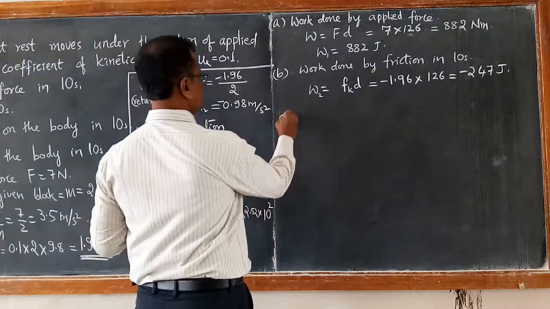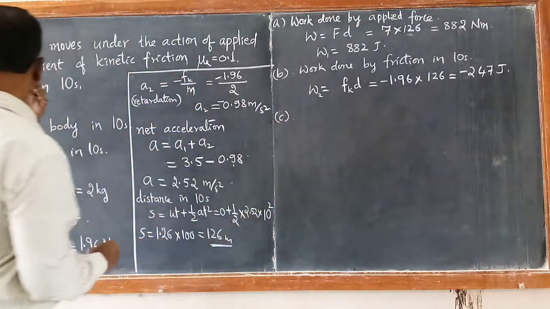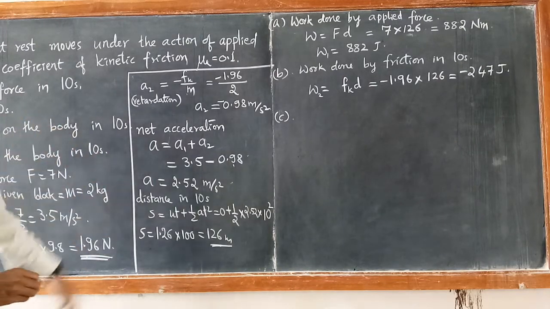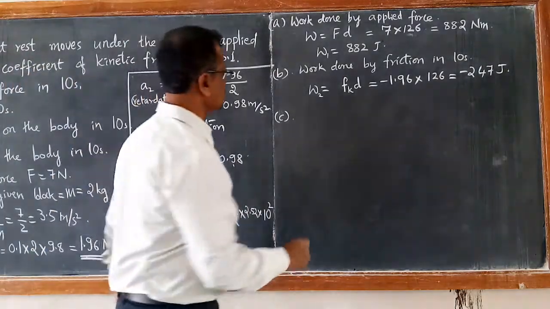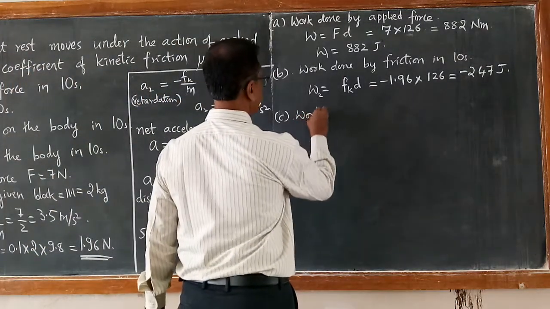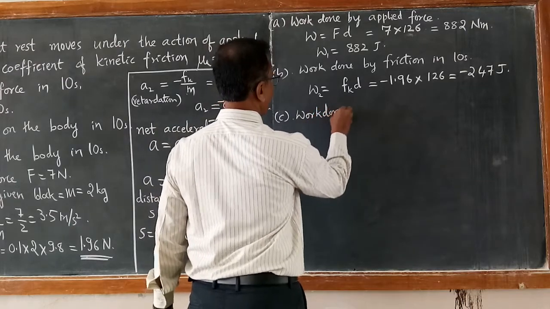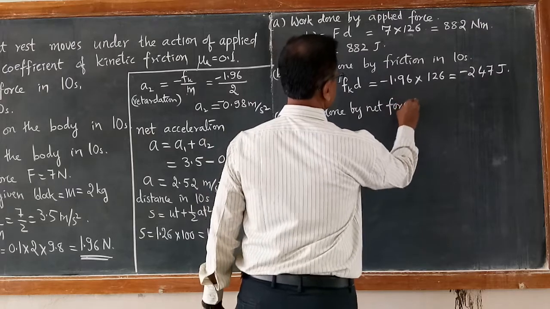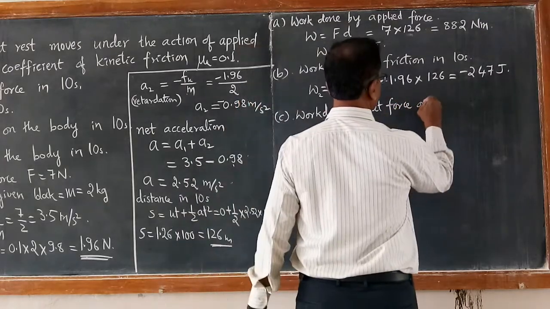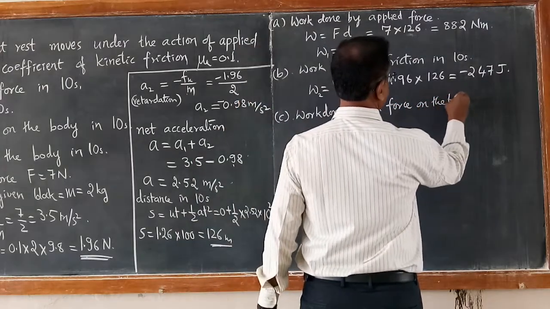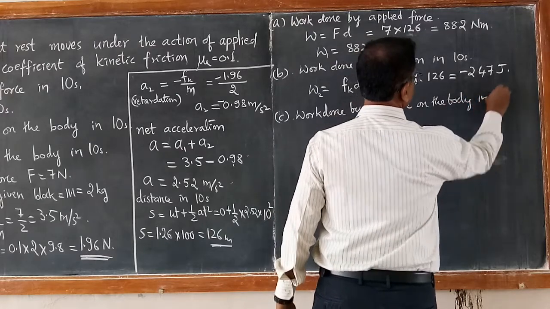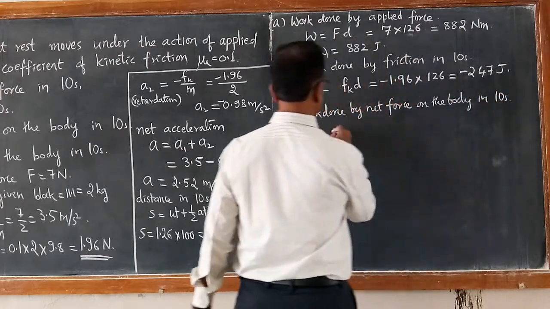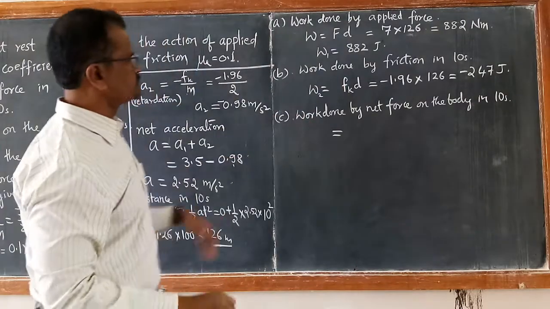Now the third part. What is the third part? Work done by the net force on the body in 10 seconds. So this must be the subtraction of these two.